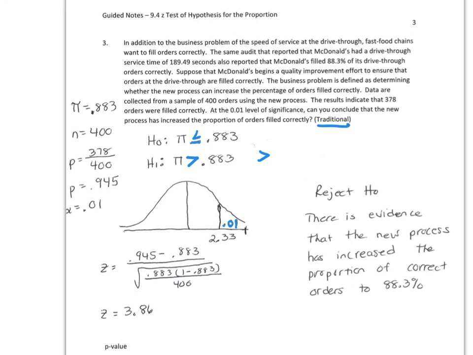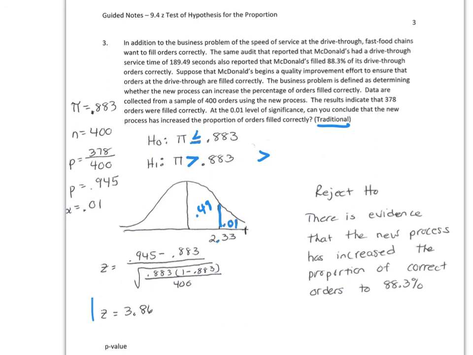Then 0.5 minus 0.01 is 0.49. Look for 0.49 in the guts of your table, and the corresponding z was a 2.33.